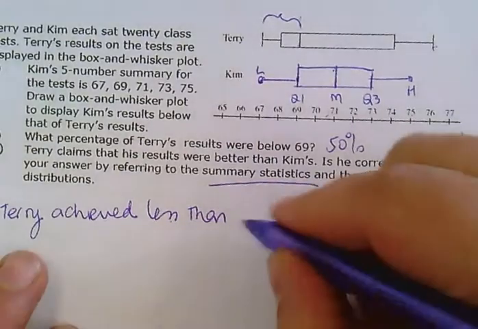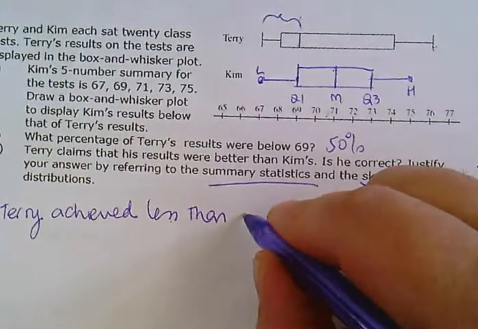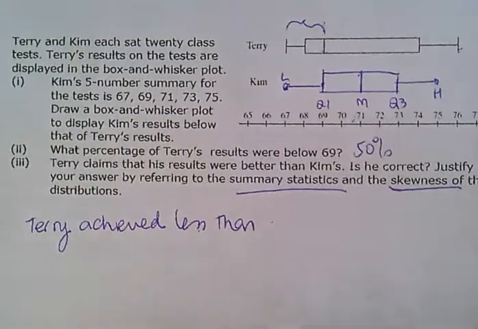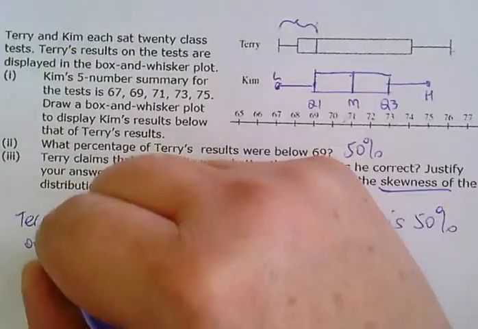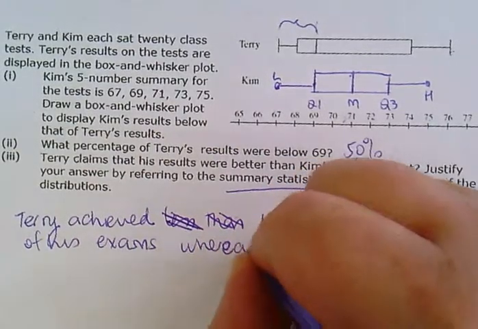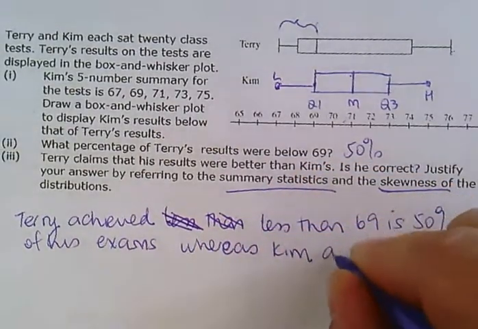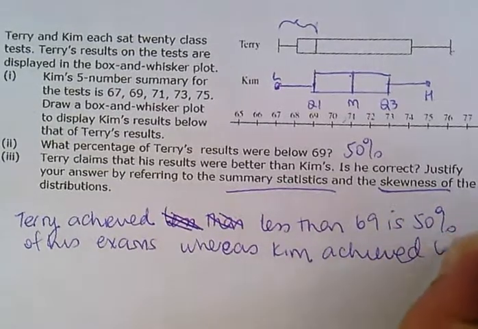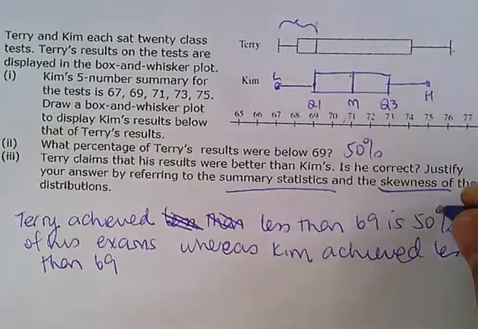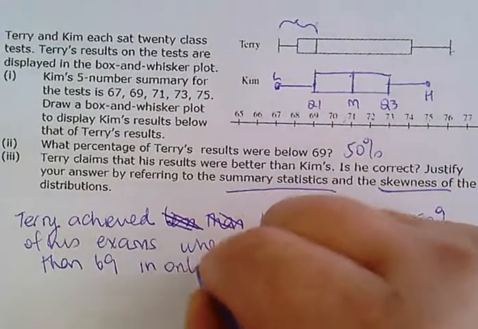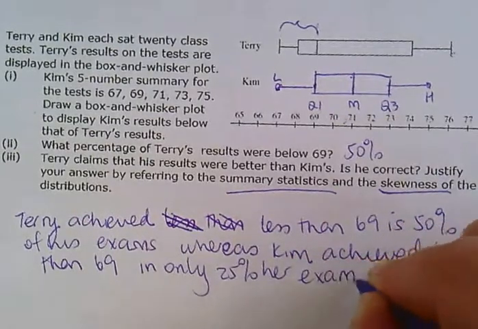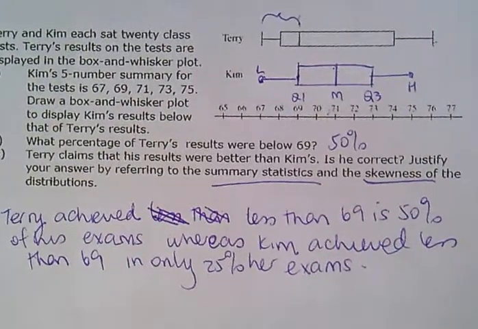So Terry achieved less than 69 in 50% of his exams, whereas Kim achieved less than 69 in only 25% of her exams. Then we'll talk about the median.